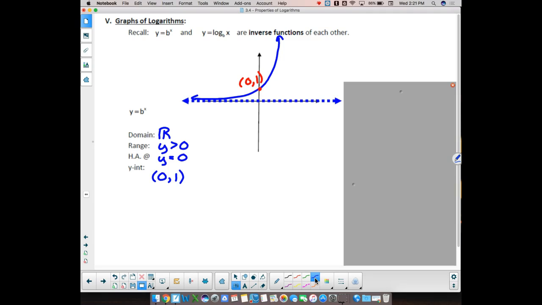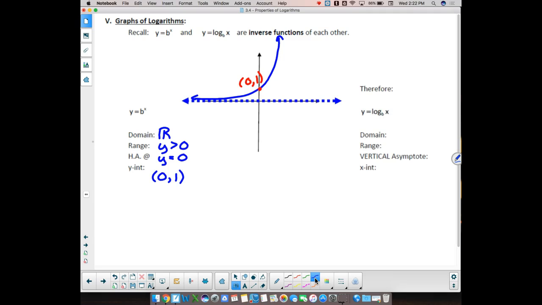My x's from the one become the y's in my inverse. You learned that back in Algebra 2. And then my y's from the one become the x's in the inverse.